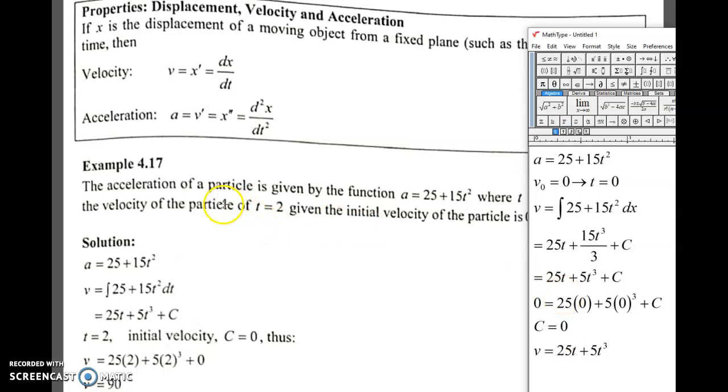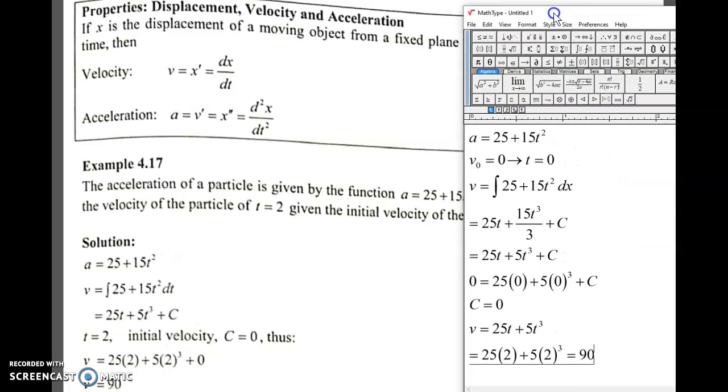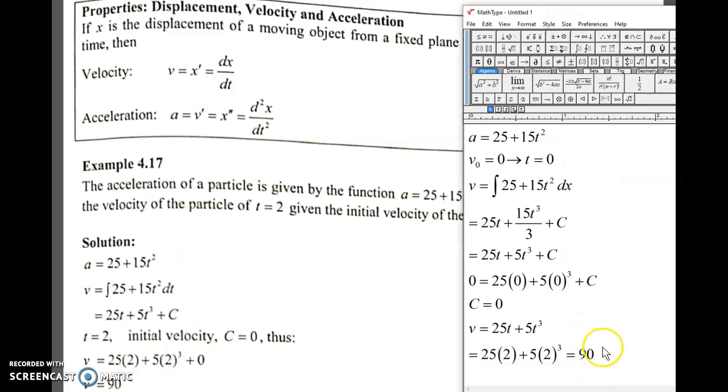Next they ask us to find the velocity of the particle at 2 seconds. We just substitute: 25 times 2, plus 5 times 2 to the power of 3, and this will give us 90. And what should you write as the unit?